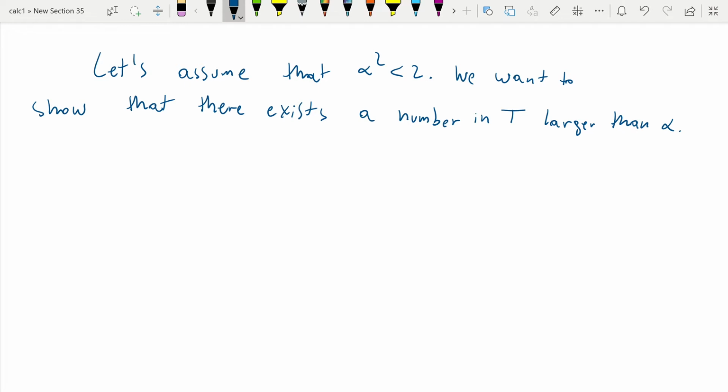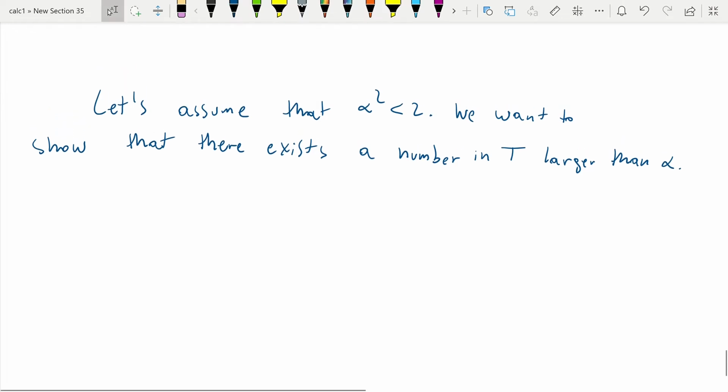So we want to find a number in T that is larger than alpha. If we have a number in T that is larger than alpha, then that means that alpha cannot possibly be an upper bound, right?